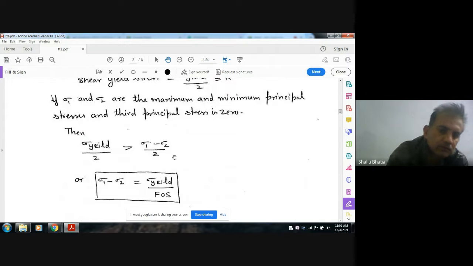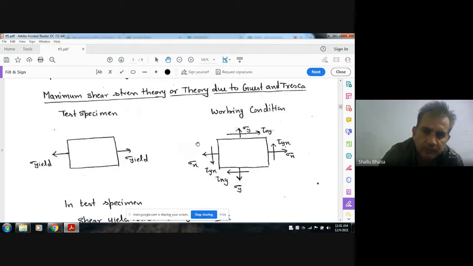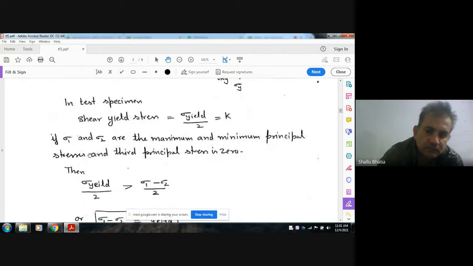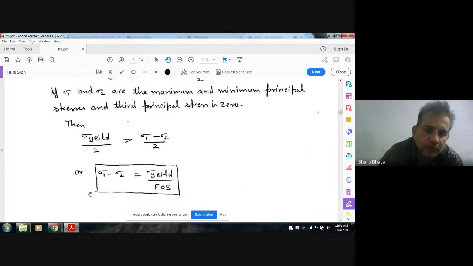Okay, so it is the maximum shear stress in this specimen, and the maximum shear stress in the test specimen is sigma yield by 2. So this maximum shear stress should be less than the maximum shear stress in the test specimen. So to equate these two, we introduce a factor of safety. Sigma 1 minus sigma 2 is equal to sigma yield by F.S.